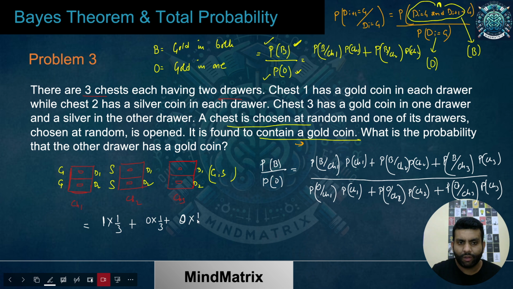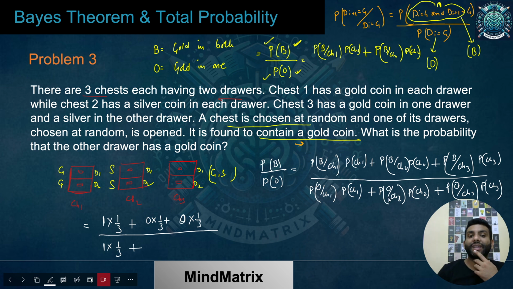I guess all the values I have written properly, just to make you understand exactly how we are doing it. So now, what is this value? Probability of getting one gold coin when you chose chest 1 is again 1. Probability of choosing this is 1 by 3, plus probability of getting a gold coin given you chose chest 2.